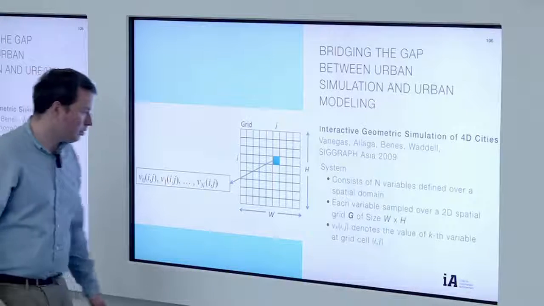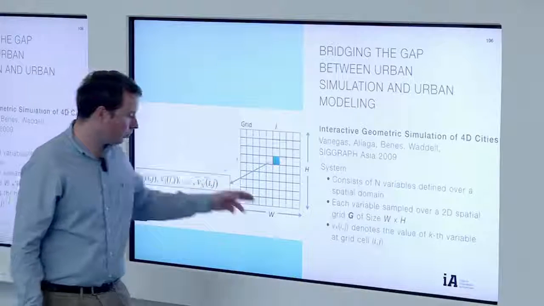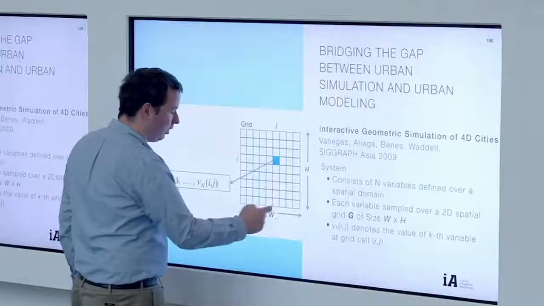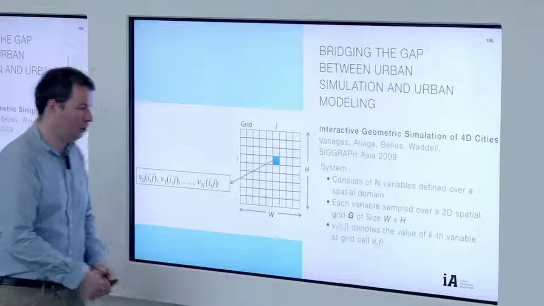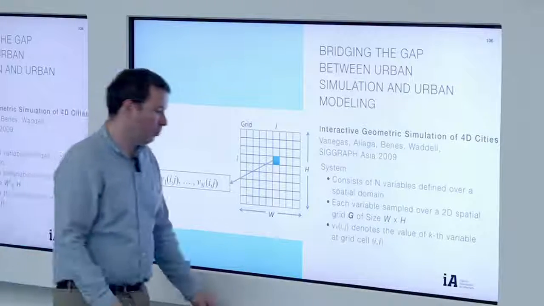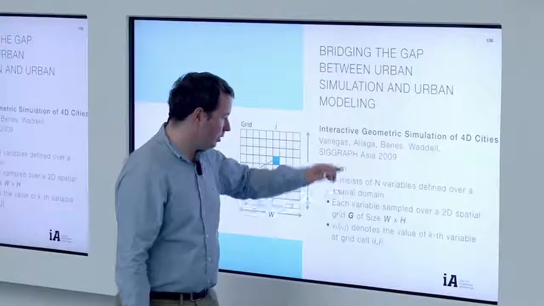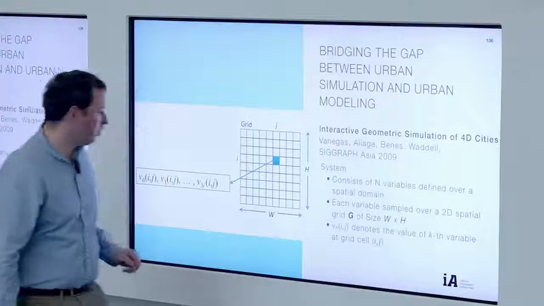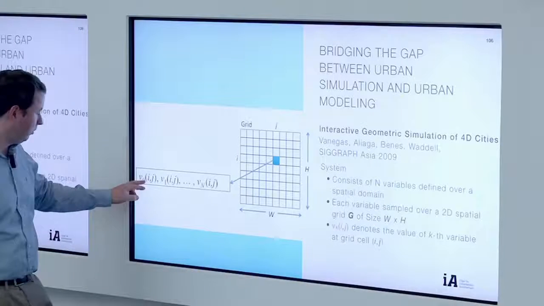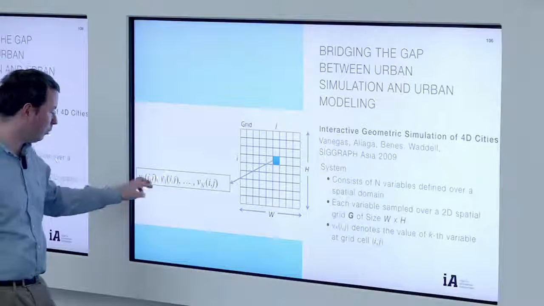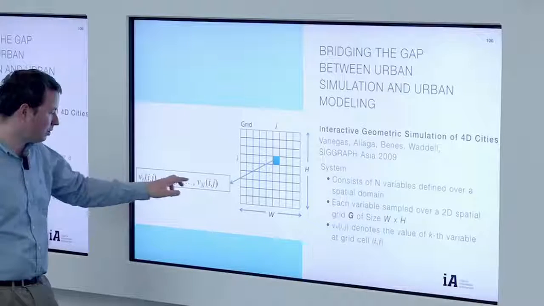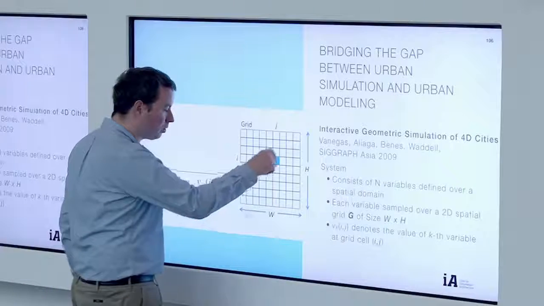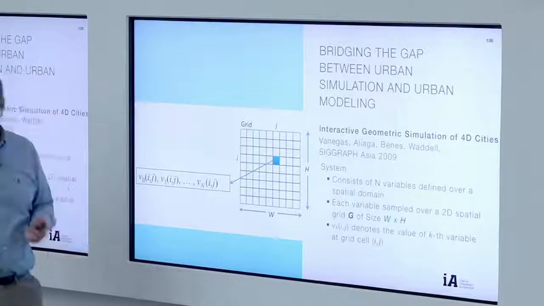And the idea is that you have a grid where each cell represents a set of variables. This set of variables has values for different domains, like transport, population size, job distribution, accessibility, and you always go along the grid where the effort is relatively low.